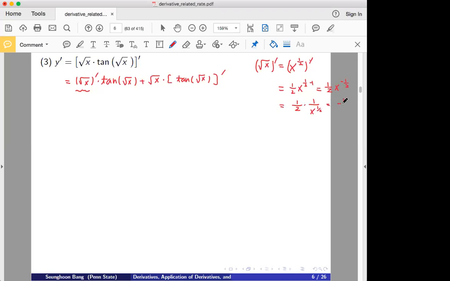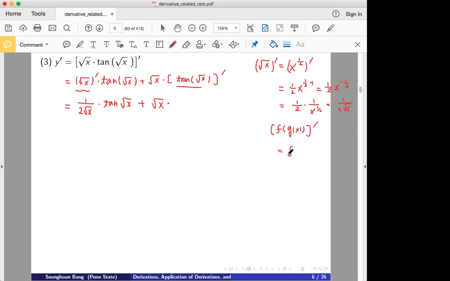So change it back to square root. So that's it. This is 1 over 2 square root of x times tangent of square root of x, plus square root of x times the derivative of tangent of square root of x. Yes, you can use the chain rule in this case. So we use f of g of x prime.